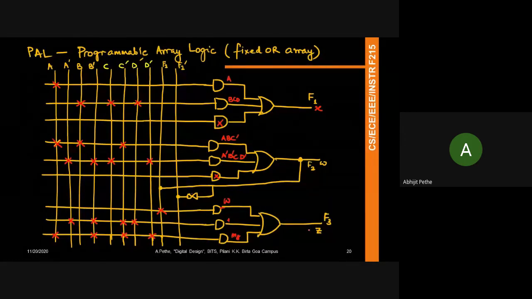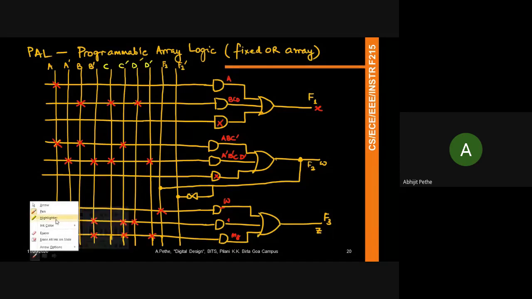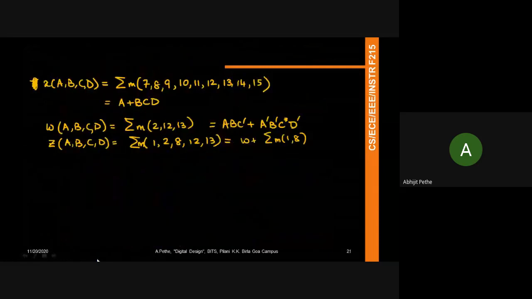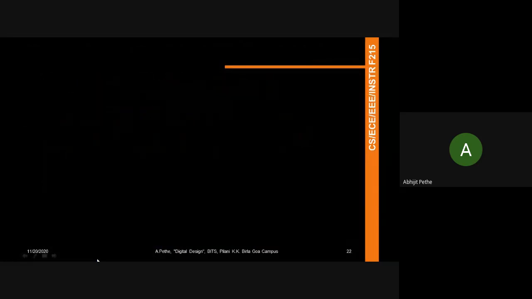So this helps you sometimes if you need to reuse certain inputs to certain outputs. And again, we define what is known as a programming table here. The same logic applies here. So how do you write a programming table for this? Similar as before, this is your programming table.